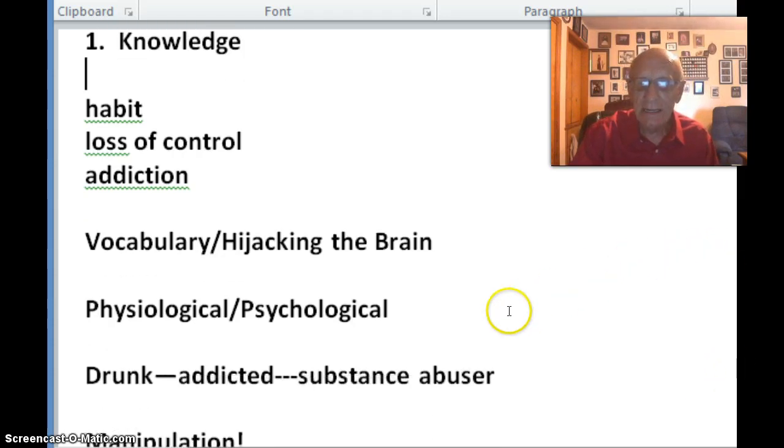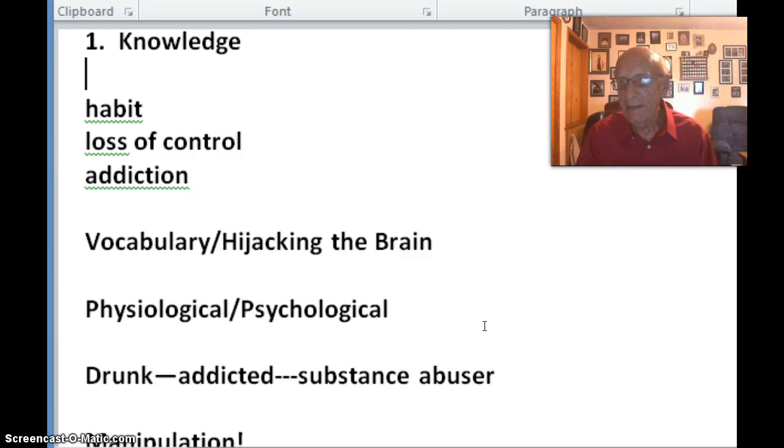What is interesting here is that drugs and drug addictions have a physiological and a psychological effect. We become accustomed to traveling a certain path. We want to continue to travel a certain path, a certain route, engage in a certain behavior over and over again because it feels good and it feels natural.